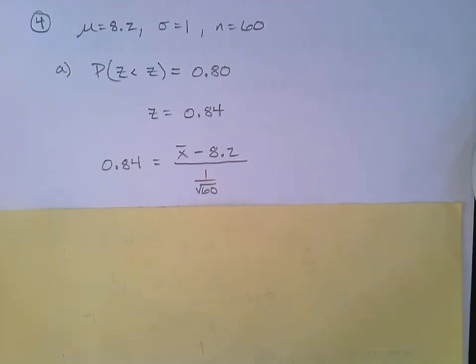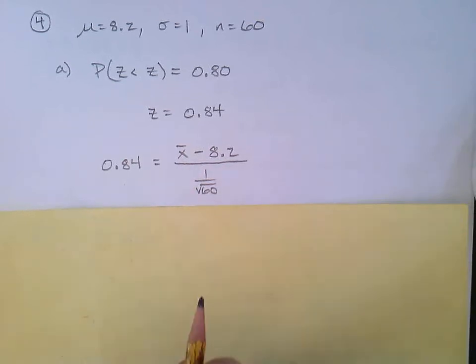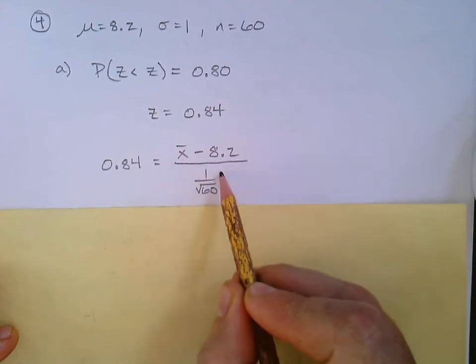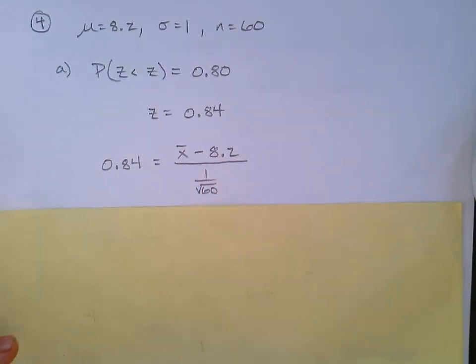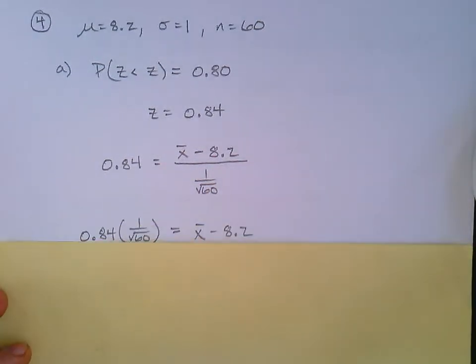Now this can get a little bit tricky for people when you have this fraction down here, but I'm going to recommend treat it just like this was one number, just like we did in the previous chapter. So take that whole thing and multiply it over this direction. You don't have to figure out what 1 over the square root of 60 is yet.